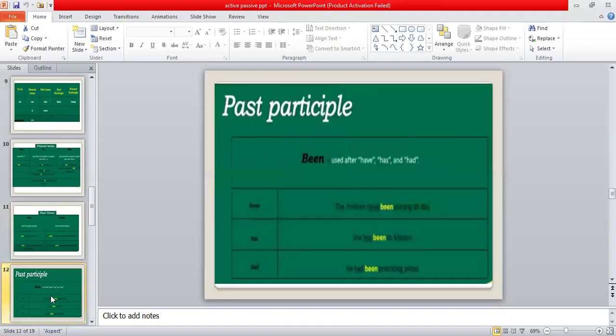Then we come to the third form of be, which is been. It is always used with have, has, and had. So these are the different examples. You can see that in all these examples, we have used the third form of be, which is been, and it is always used with has, have, and had.